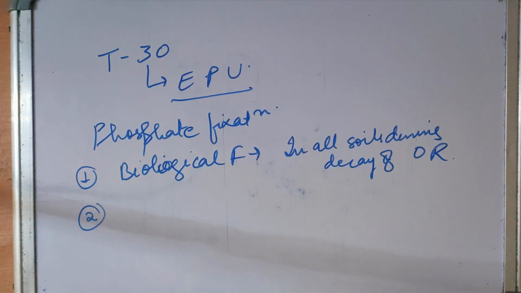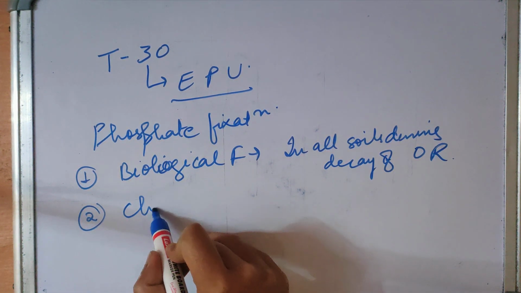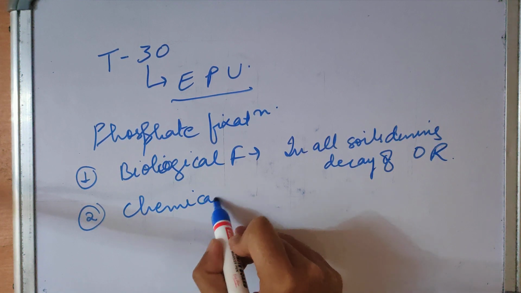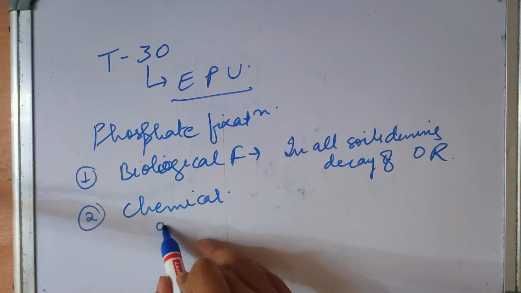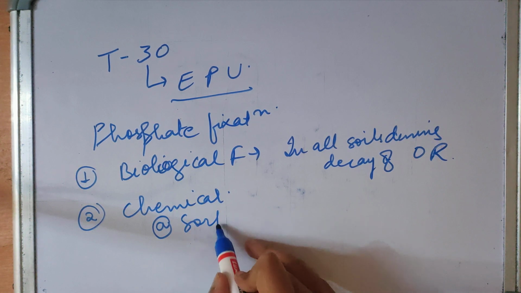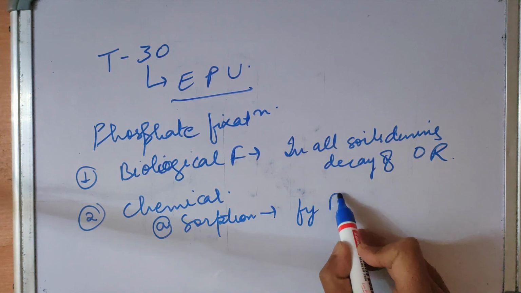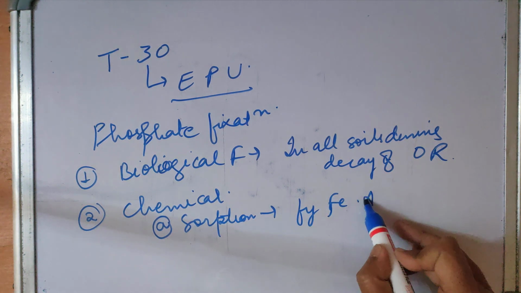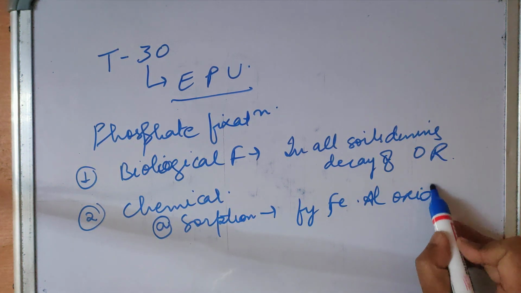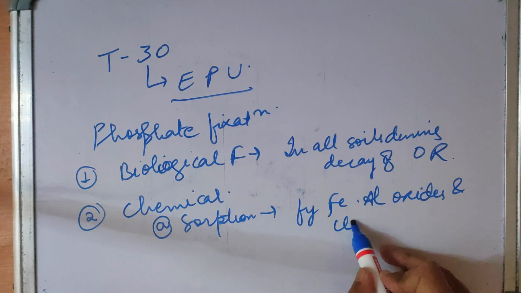The second is chemical fixation. Chemical fixation consists of two types. The first one is sorption, that is by Fe and Al, iron and aluminum oxides, and clay minerals.